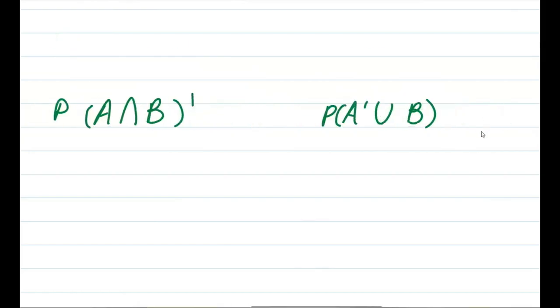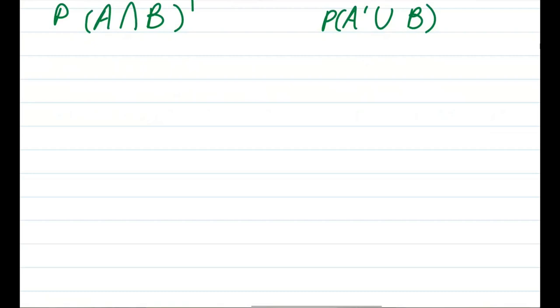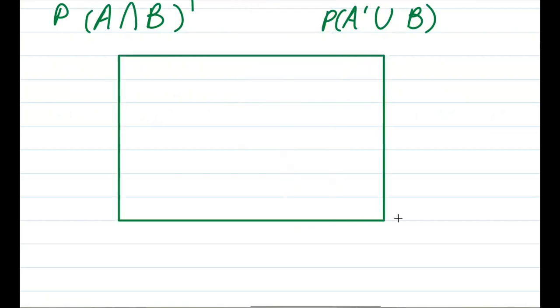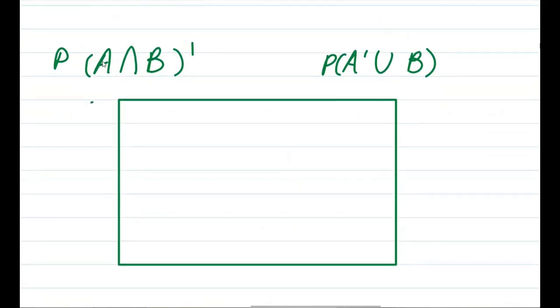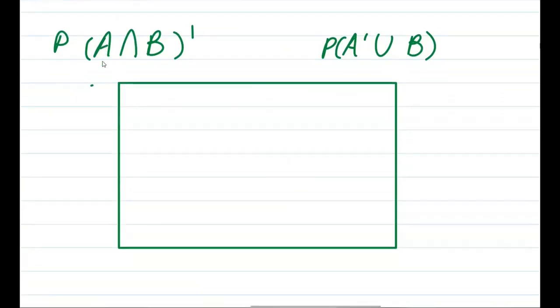Okay, let me quickly check. Let's draw a Venn diagram. Rutendu's got a very nice question here. She asks, is the probability of not A and B the same as the probability of not A or B?